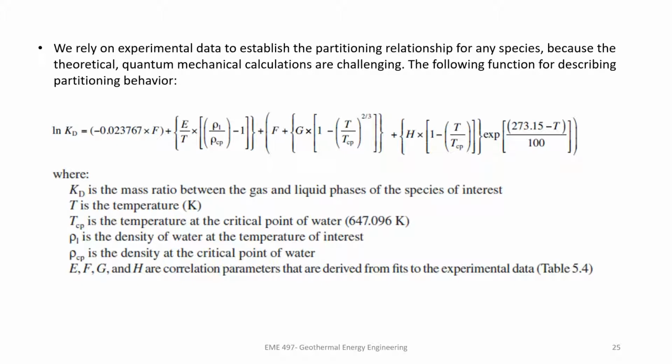Rho I is the density of water at the temperature of interest, and rho Cp is the density at the critical point of water. And E, F, G, and H are correlation parameters that are derived from fits to the experimental data, which are displayed in table 5.4 of the textbook.